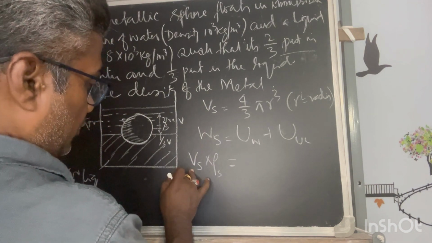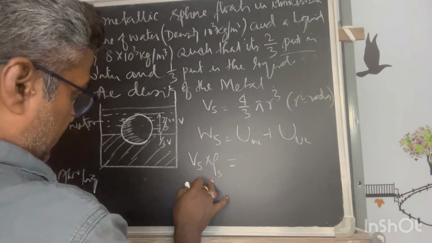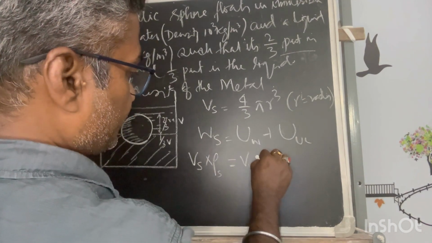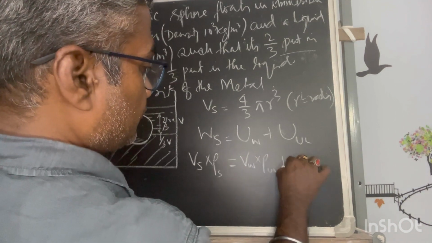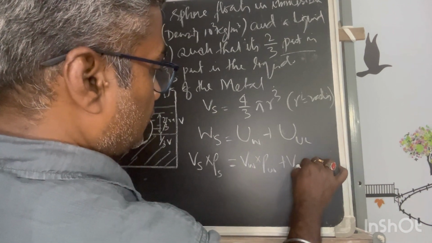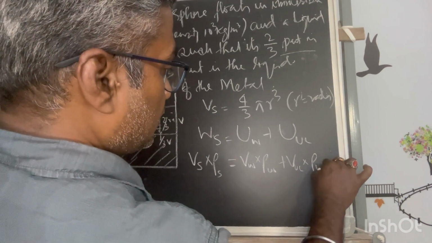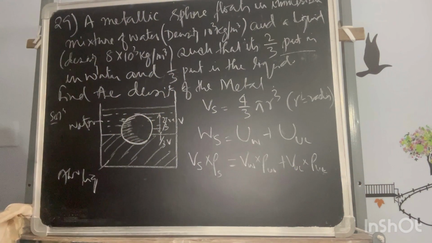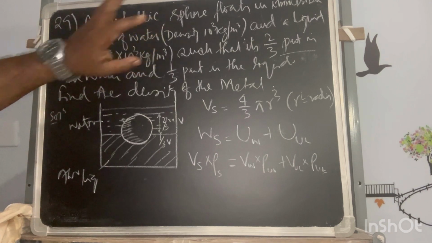I'm writing the volume of water displaced into the density of the water plus the volume of the unknown liquid into the density of the unknown liquid. That will remain. Okay. Now the density of the water is given.